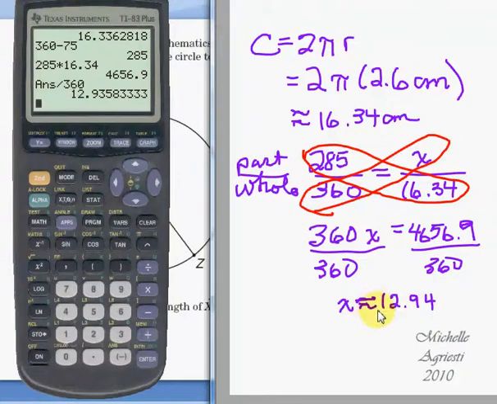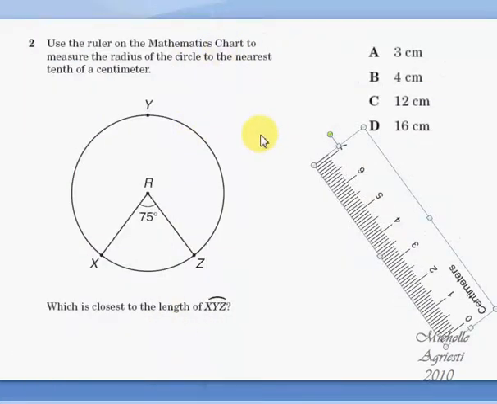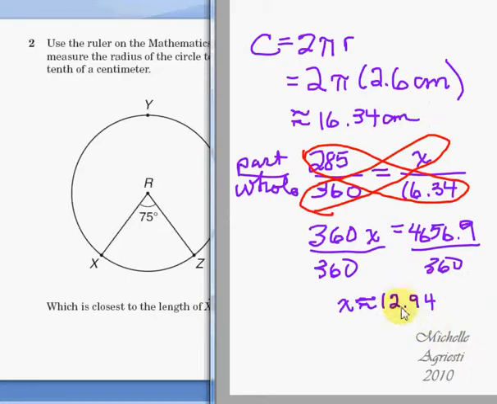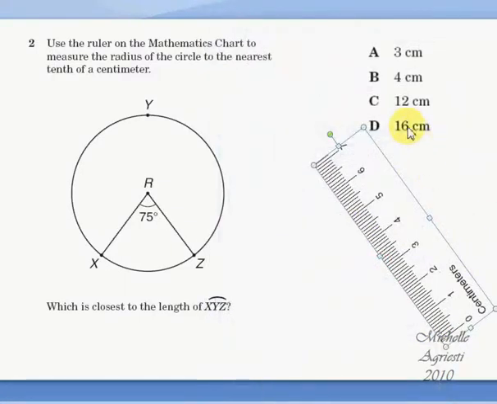It's about, so I'll put approximate in there. All right, let's look at our answers: 3 centimeters, 4 centimeters, 12 centimeters, or 16. 12.94, that's about 13. So the closest is going to be the C.